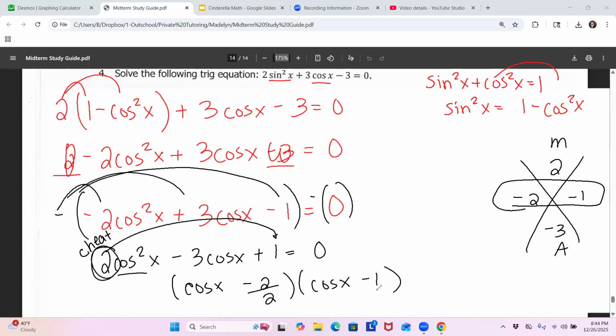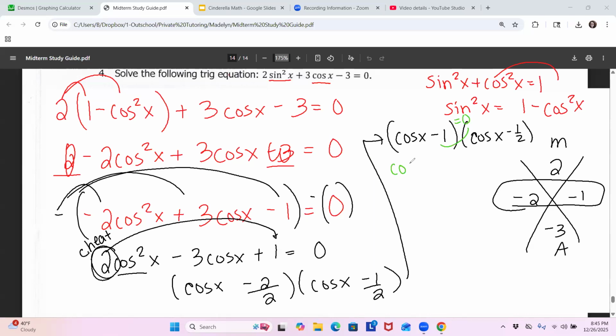Divide 2, divide 2. So we get cos x minus 1 and cos x minus a half. Set both of those to 0. So you would get cos x equals 1 and cos x equals a half.